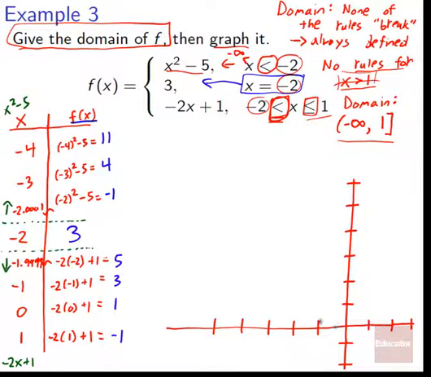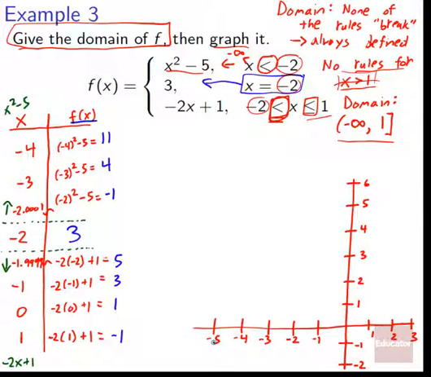Great, and that's plenty of room because we only wound up going to negative 4, and we know that x squared minus 5 is going to blow out. Making tables, right? I mean, making axes, right?